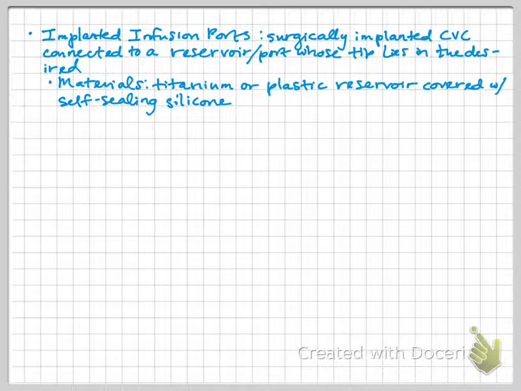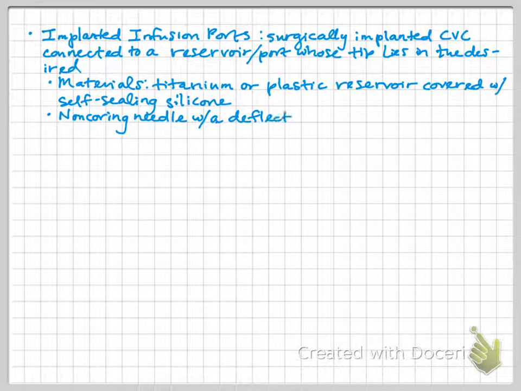It requires the use of a special non-coring needle so that it doesn't core out that silicone, and that has a deflected tip. This prevents damage to the septum that could make the port useless.